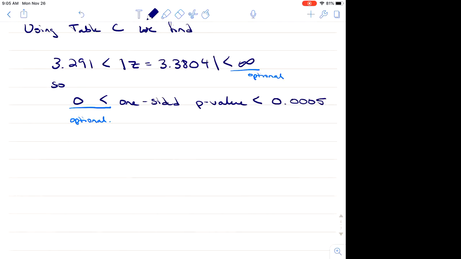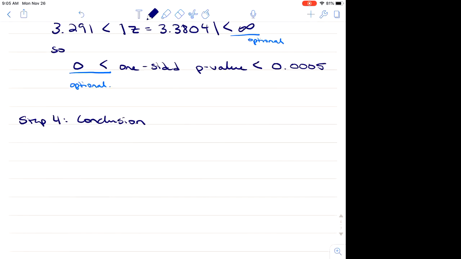So for our conclusion, step 4, same conclusion that we've been using, right? We use our p-value to either reject or not reject our null hypothesis.